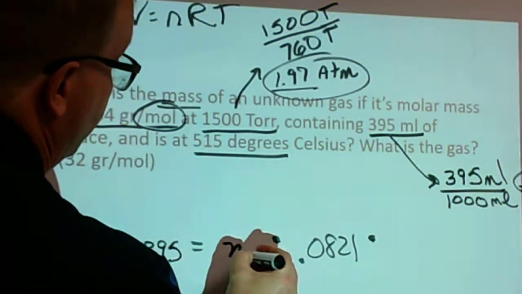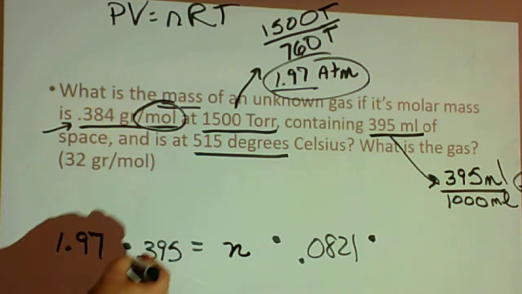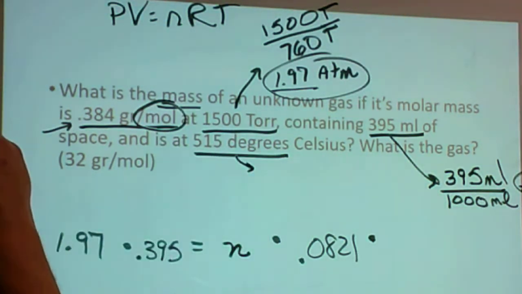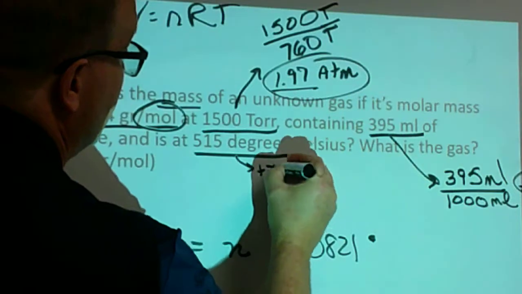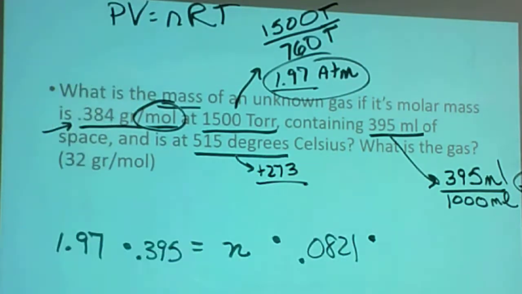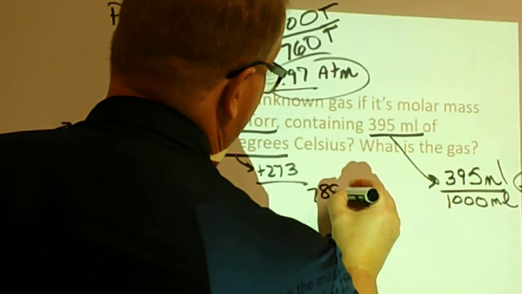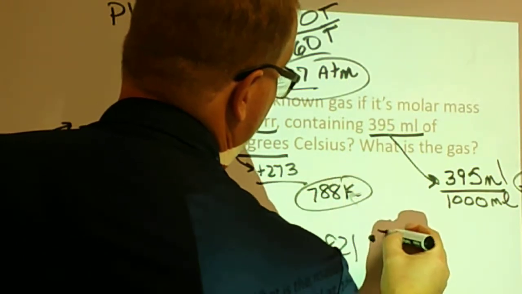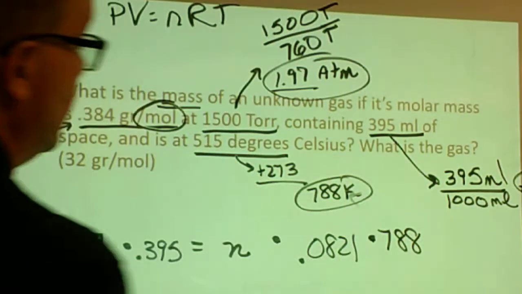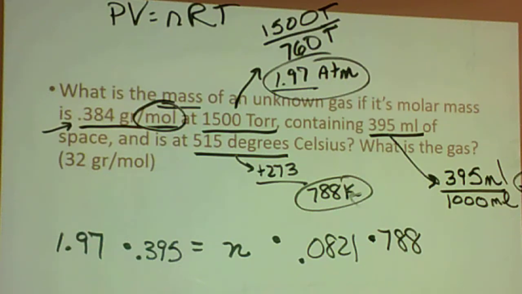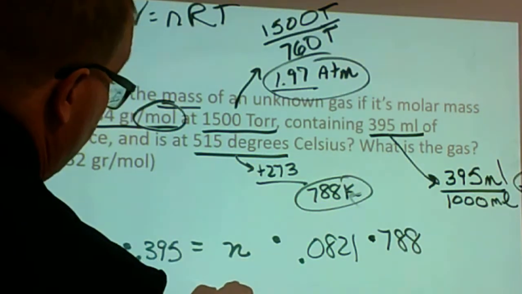We are solving for the number of moles. We have to convert this one by adding 273 to get the Kelvin. So it's going to be 515 plus 273, and it's going to be 788 Kelvin, which will go here. Now we got all the numbers in, which is really nice.